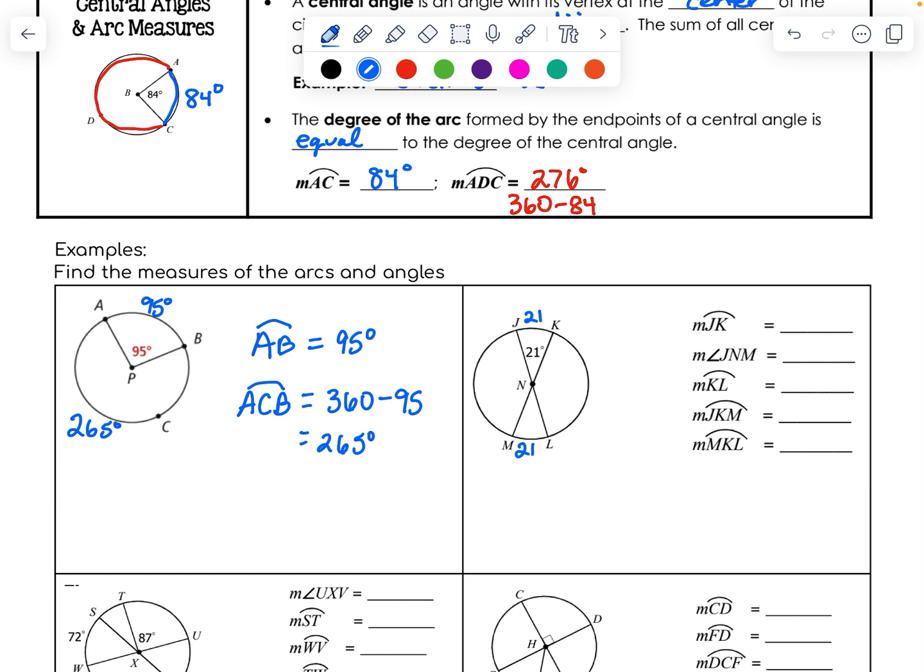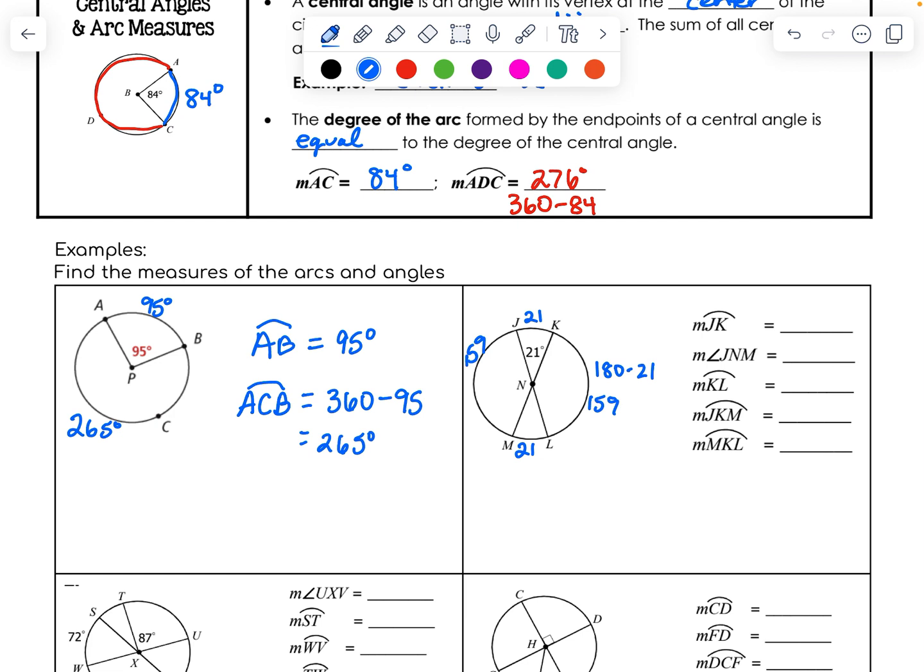And then how could I find the missing piece right here? Well, here's something really cool. This is a diameter, which makes this a semicircle. A semicircle is half, so that's 180. So we can take 180 minus 21 to get 159 degrees, like that. And then I can go answer my question.